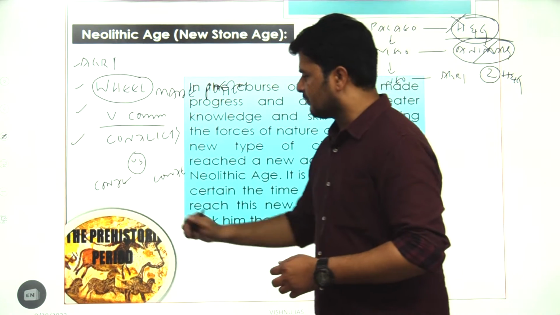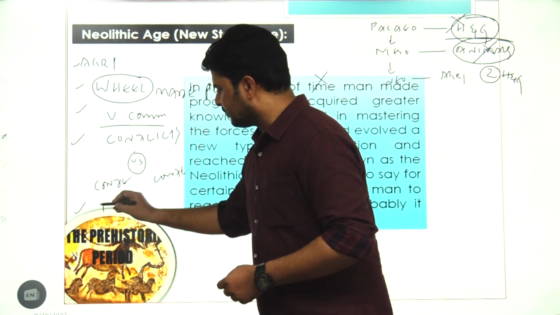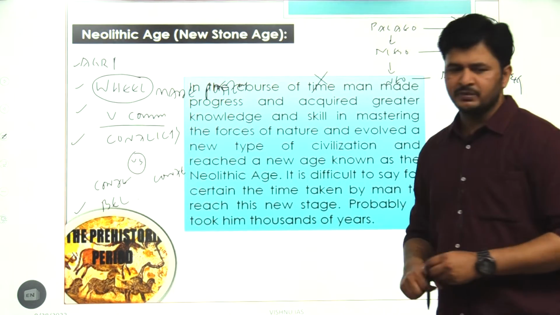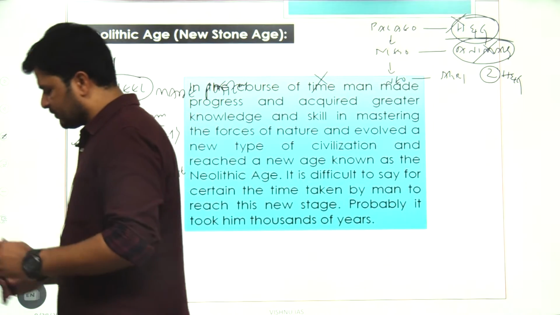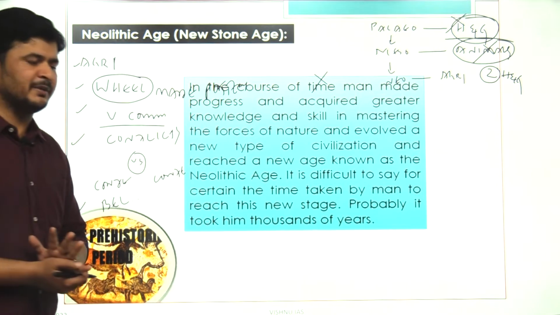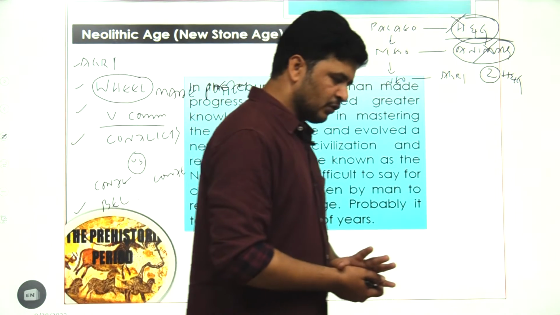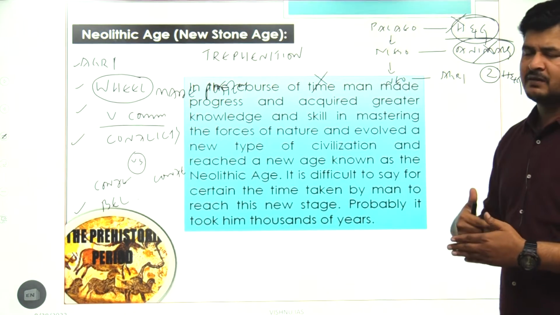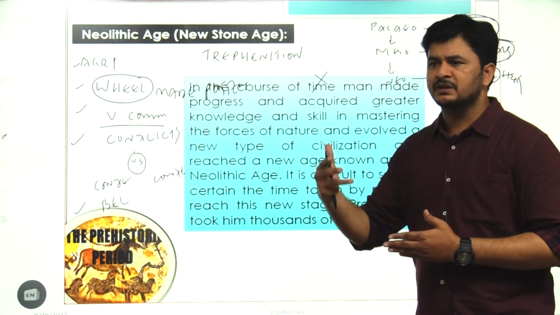And besides, we also found primitive beliefs. When I say primitive beliefs, that is the worship of natural elements, please. The worship of natural elements and natural forces you call them. The worship of snakes, worship of trees.